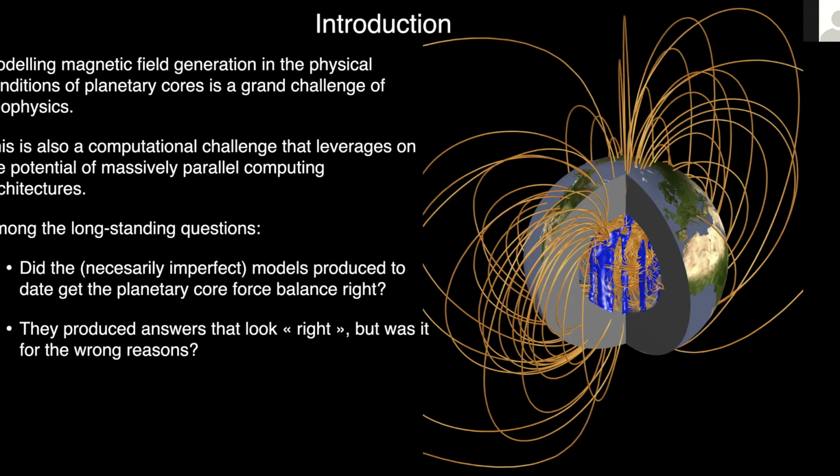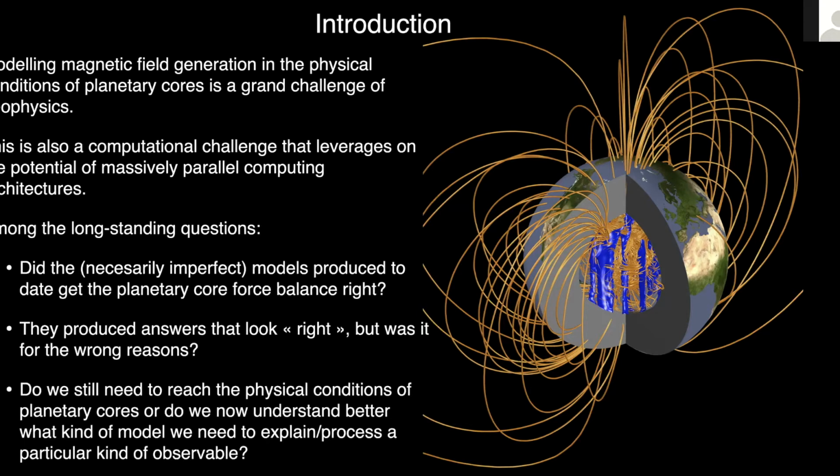Even though their answers looked right, was it for the wrong reasons? And do we still need to tackle this challenge of reaching the physical conditions of planetary cores? Or do we better understand what kind of model we need to explain or process a particular kind of observable?